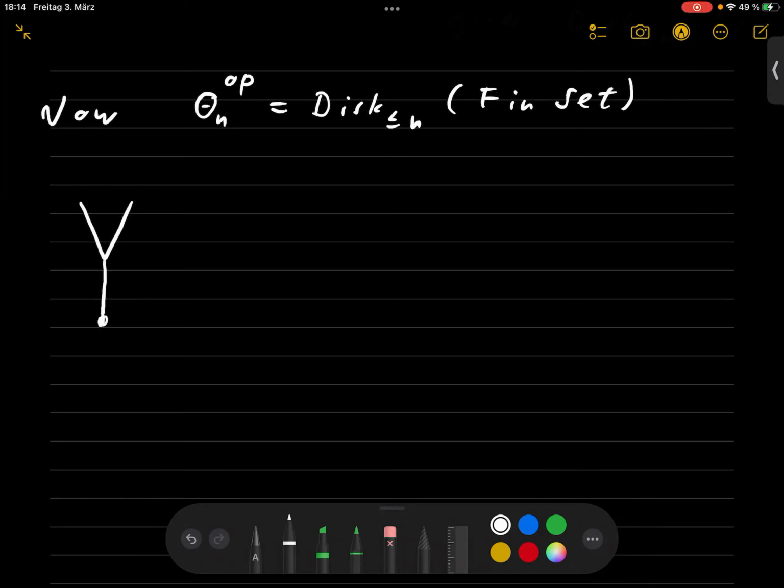Maybe this one. And let's also draw the corresponding category. This would be 2 objects for the base case here. Then we have 3 morphisms there.